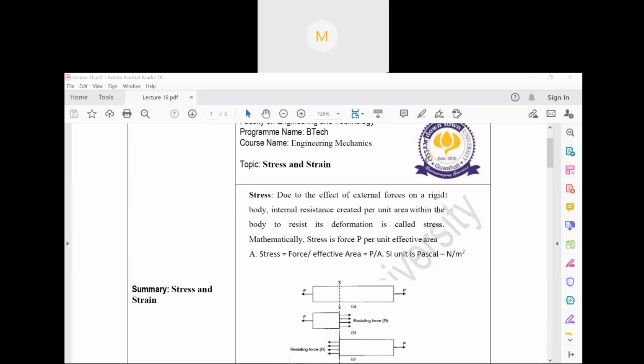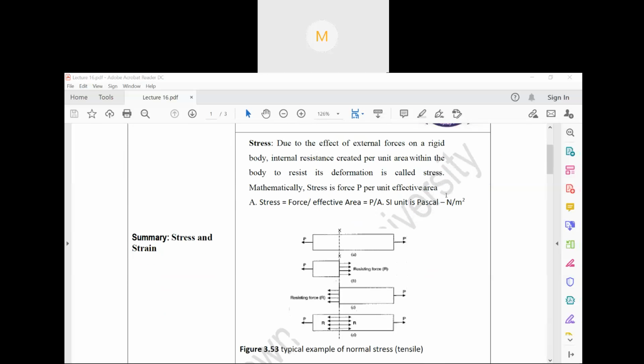Now, from the definition point of view, stress can be defined as force applied per unit area. That means force divided by area.